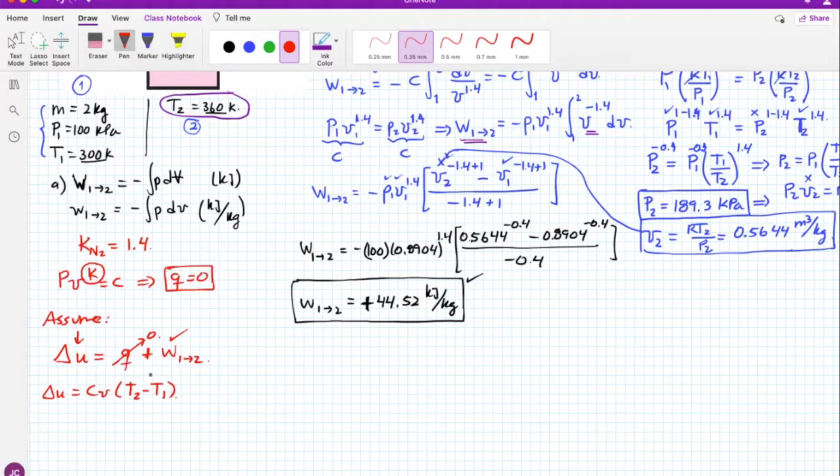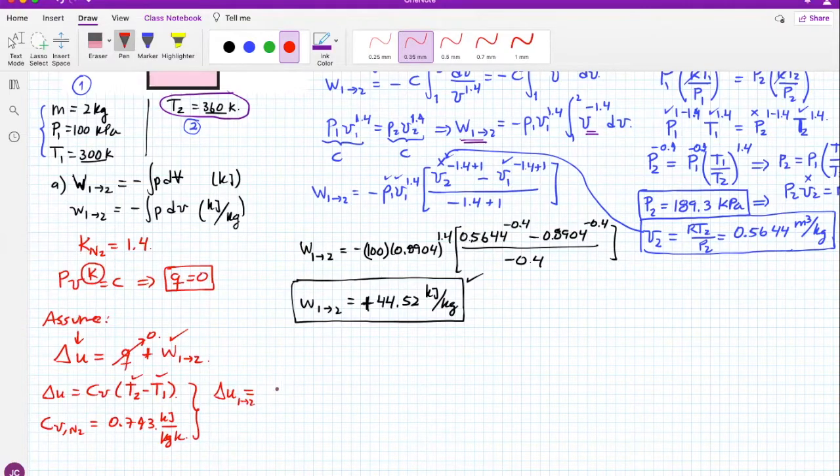I have T1 and T2, and CV is a little bit missing, but you can get it because CV for nitrogen you can get in tables as 0.743 kilojoules per kilogram Kelvin.